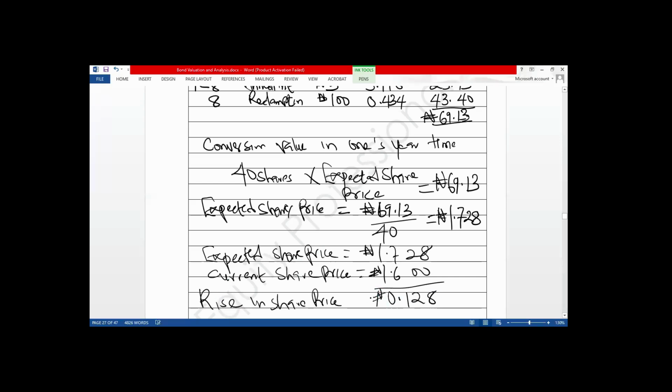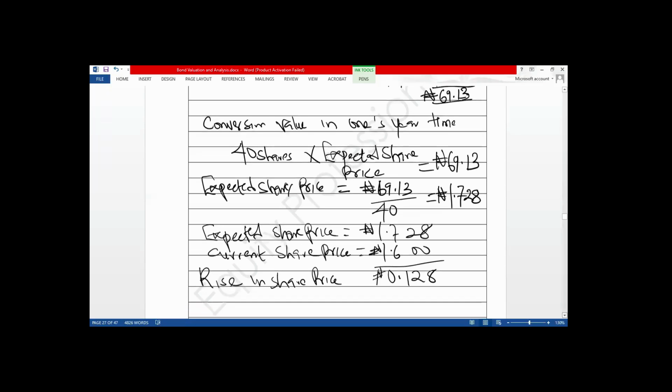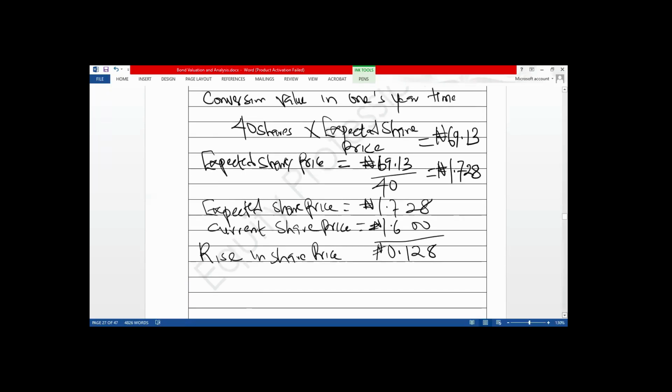The share price must rise by at least 0.128. The share price must rise. That is by how much?